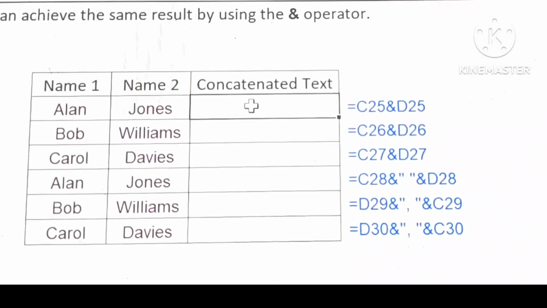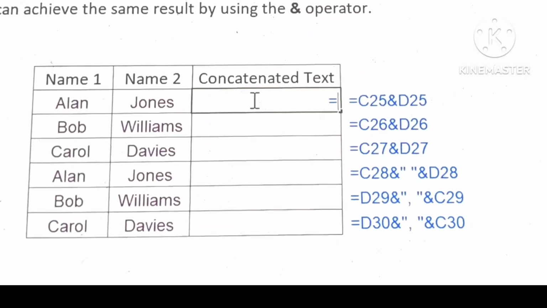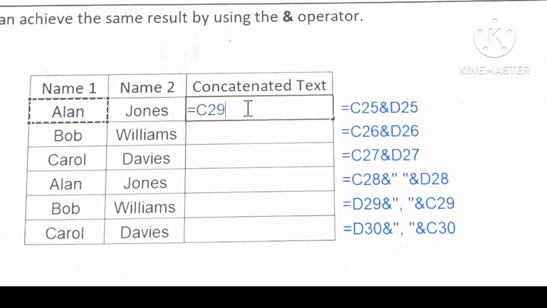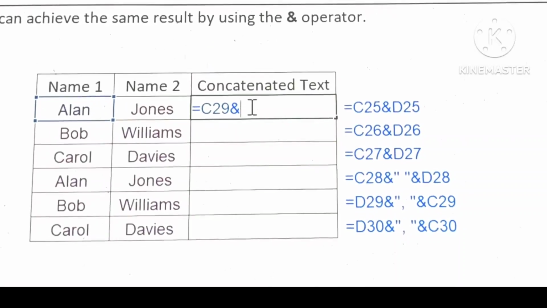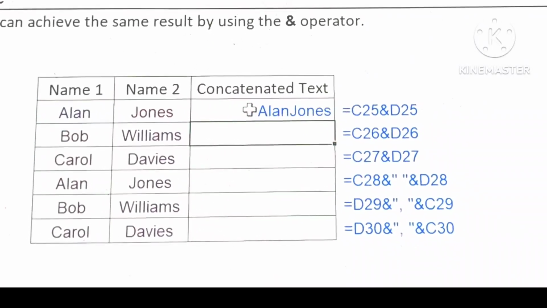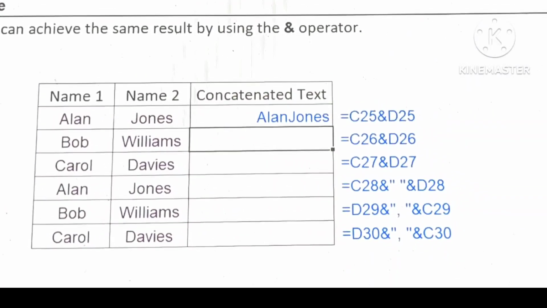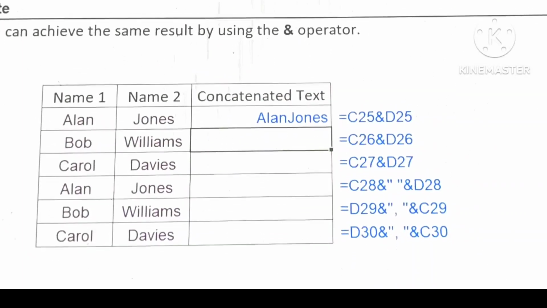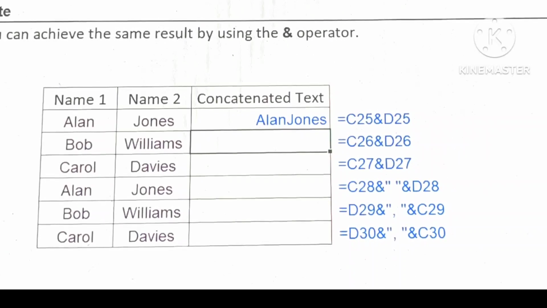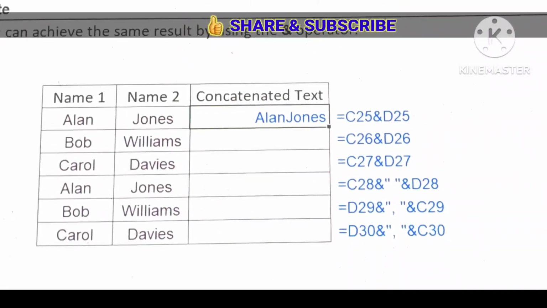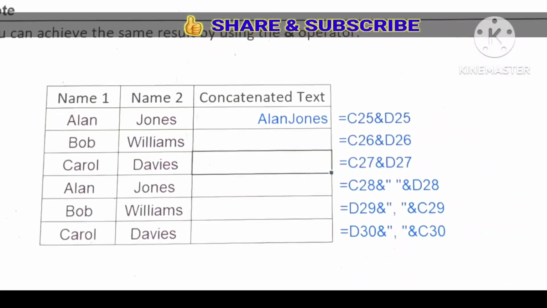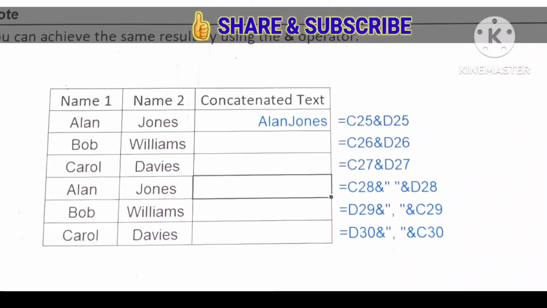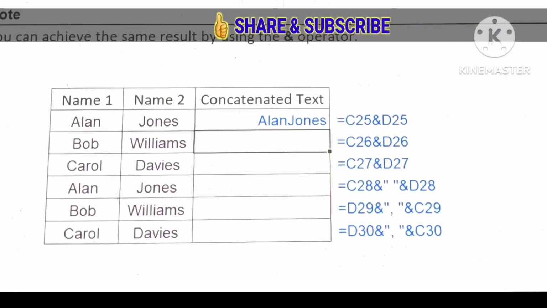Select the cell, then the operator, then select the second cell. So the data is combined. But as we can see on the above concatenate table, the space is not here, right? So let's try the one with space.